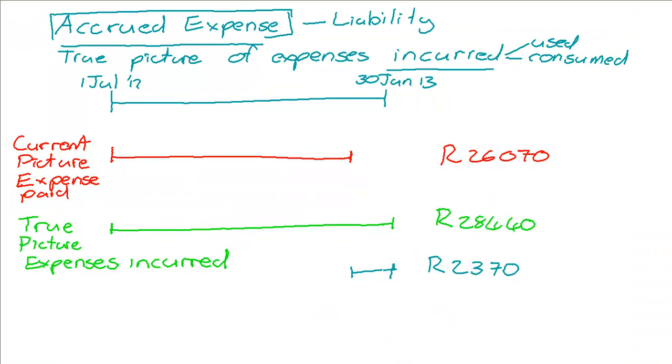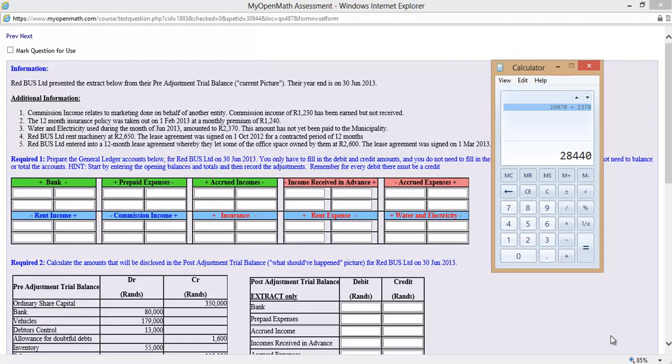Let's quickly show this on our T accounts and on our post-adjustment trial balance.